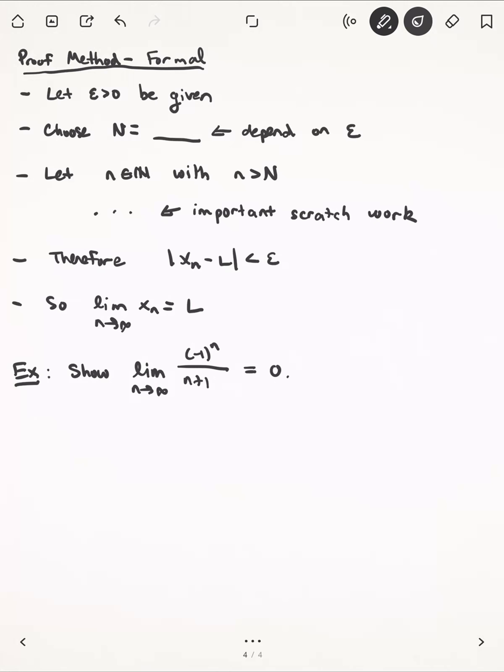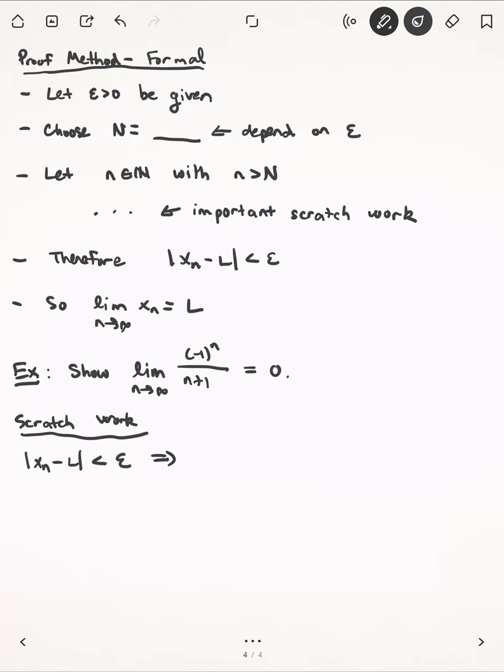But, okay, so what do we need to do to show this? So let's write down some scratch work. What we need in order to show this is we want x_n minus L to be less than epsilon.